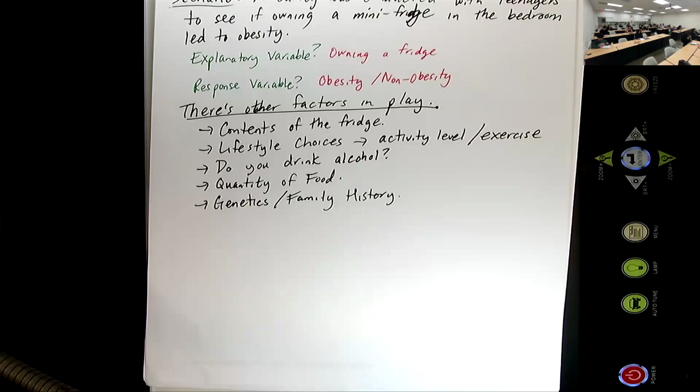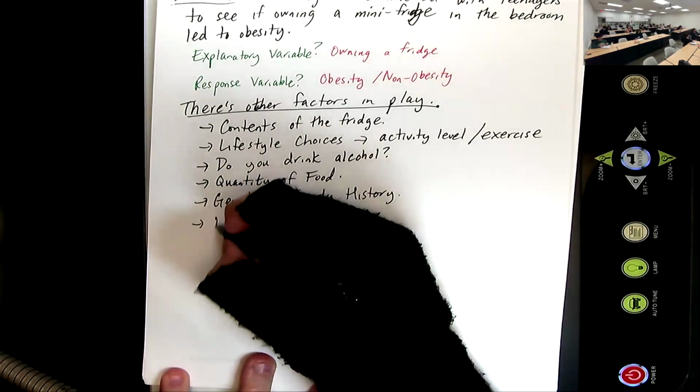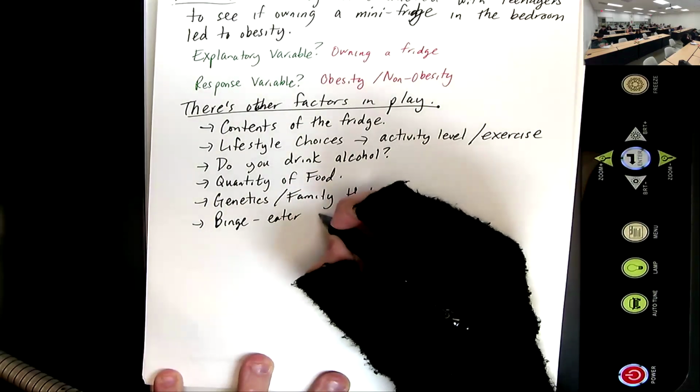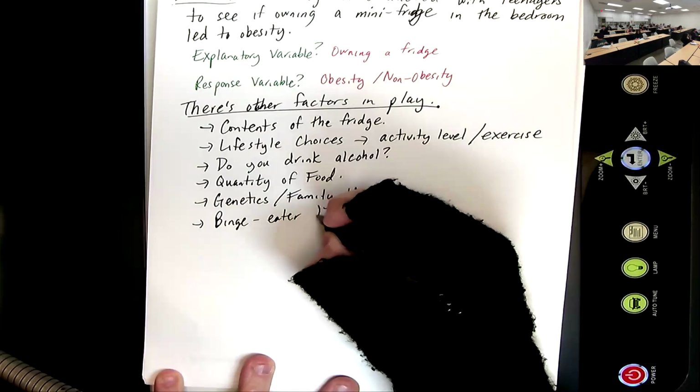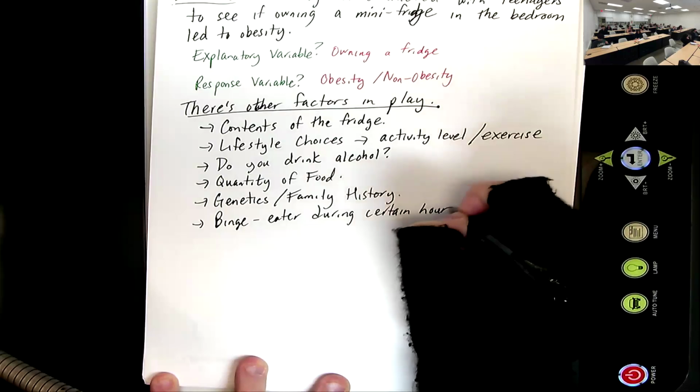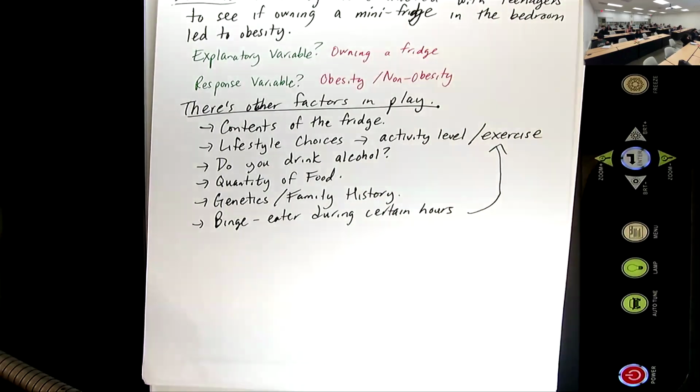Anything else you guys can think of? Time of day, like we eat late at night and then go to bed. You may be a binge eater during certain times of day. I would argue that might fall under the lifestyle category, but I hear you. So what you eat, when you eat it, how much you eat.